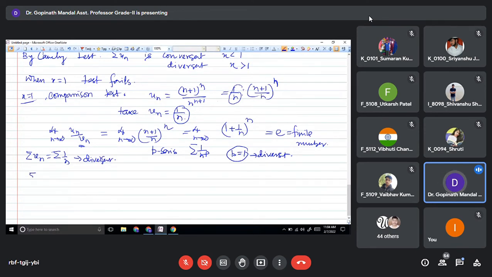So by the comparison test we can say that un also is a divergent series. So that means for x equal to 1, the series is divergent. So finally we get for x less than 1, the series is convergent, and for x greater than or equal to 1, the series is divergent.